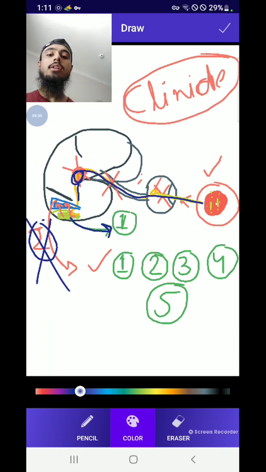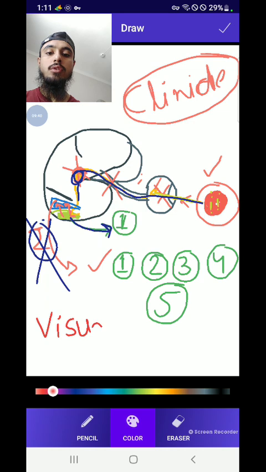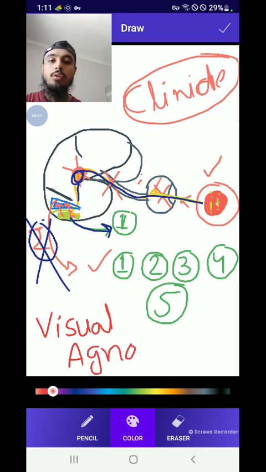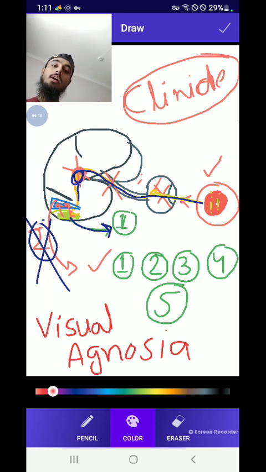The clinical term is visual agnosia. What happens in this condition?